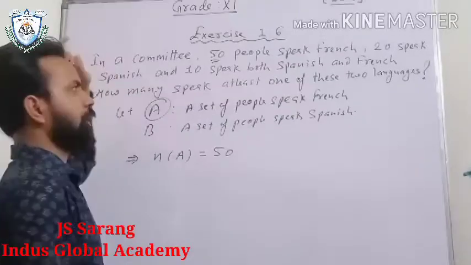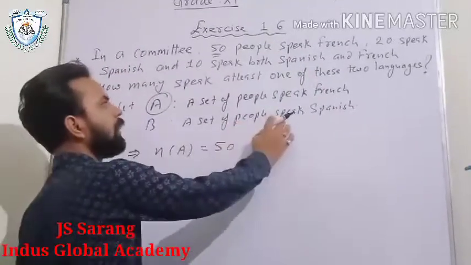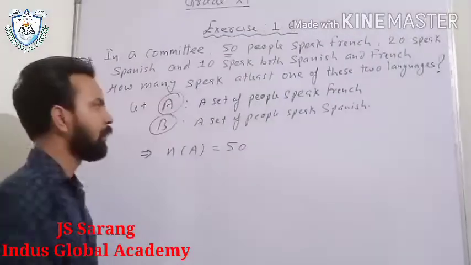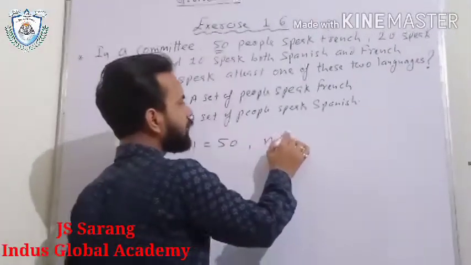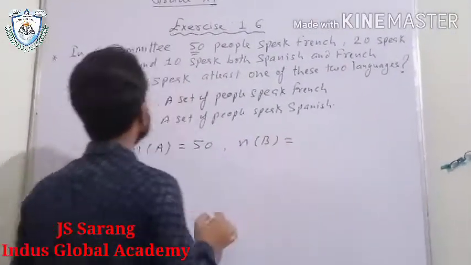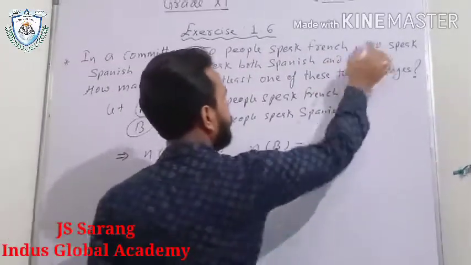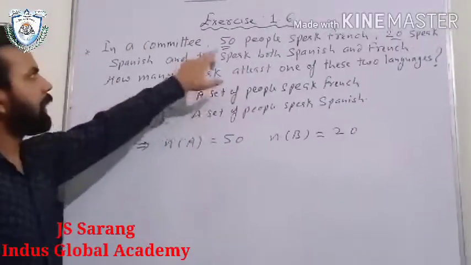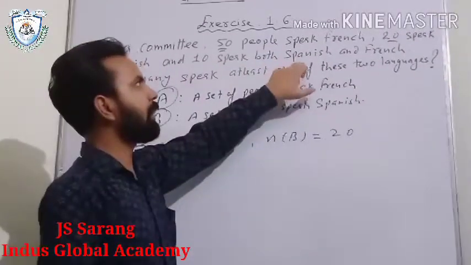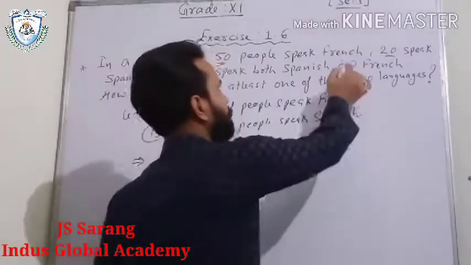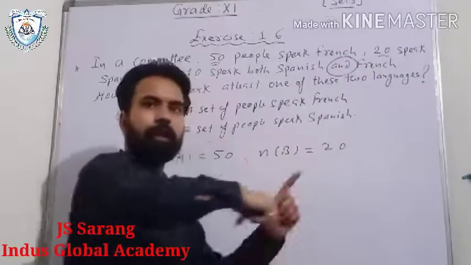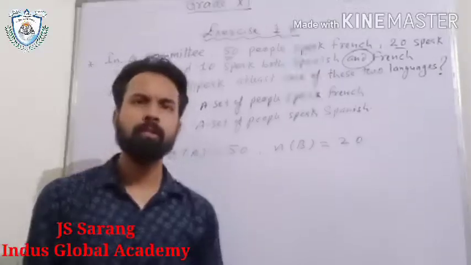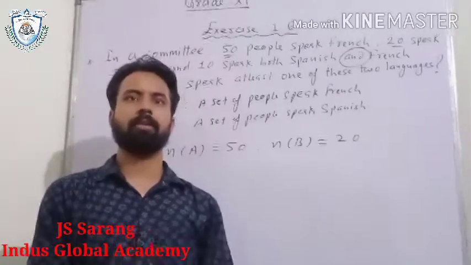20 speak Spanish. So the set of people who speak Spanish is represented as B. So the number of elements in set B is how much? 20. Now 10 speak both Spanish and French. Spanish and, the word "and". Whenever "and" comes, we will use intersection.